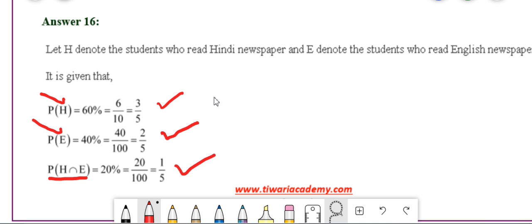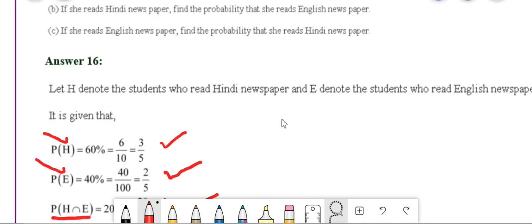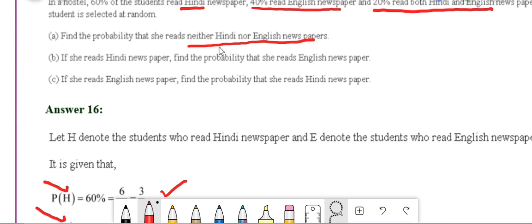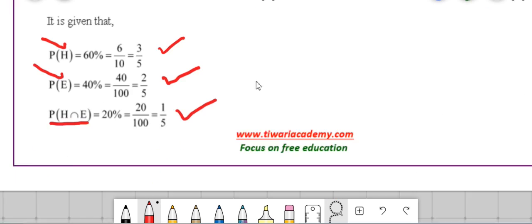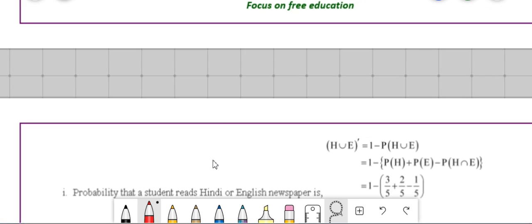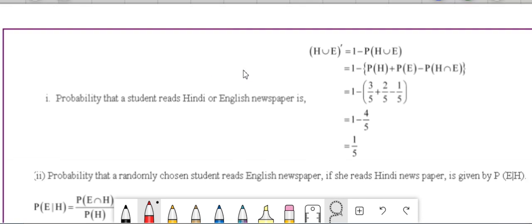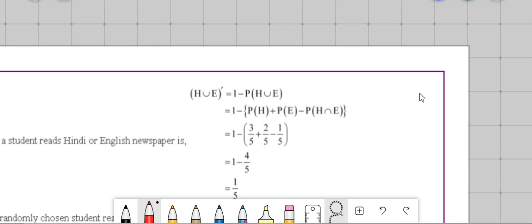The intersection is 1 by 5. Now we have to find those not reading either. Neither Hindi nor English. That means we have to find P of (H union E) prime, which is 1 minus P of H union E. Now replace all the values that are available, and you get 1 upon 5.